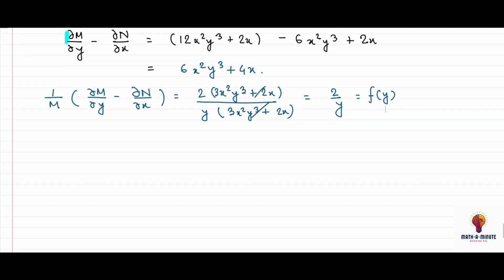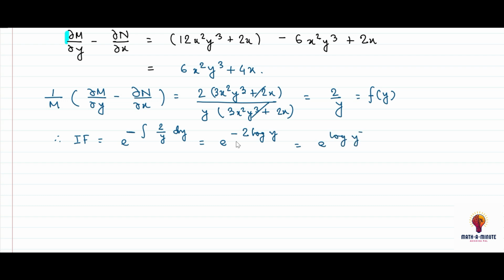So therefore, the integrating factor will be e to the power minus integral of the function of y, which is 2 by y dy. So it will be e to the power minus 2 log y, which is y to the power minus 2.